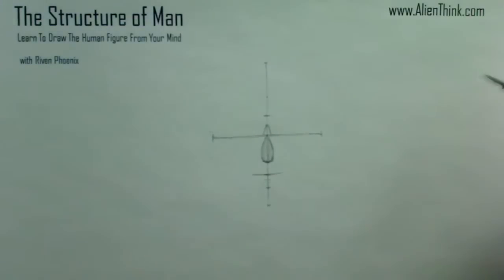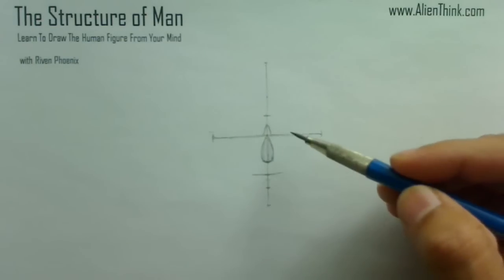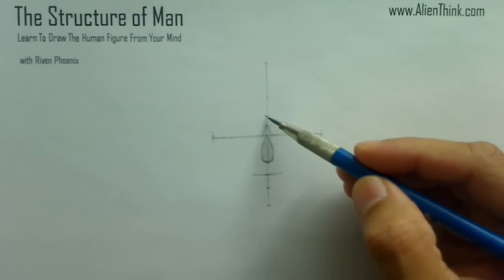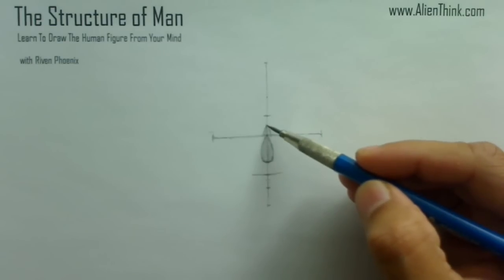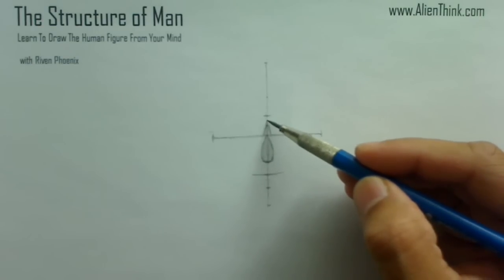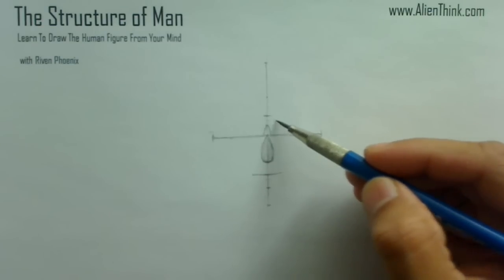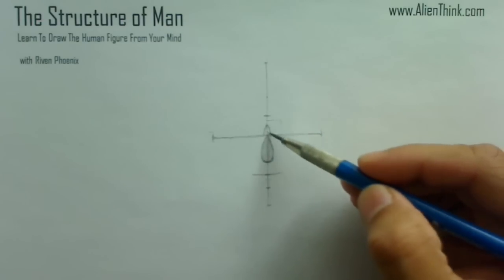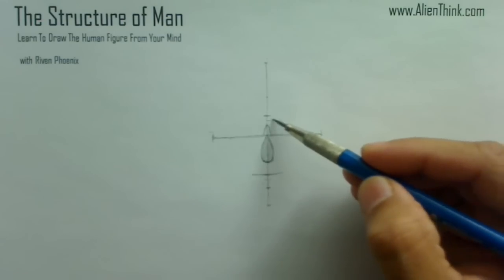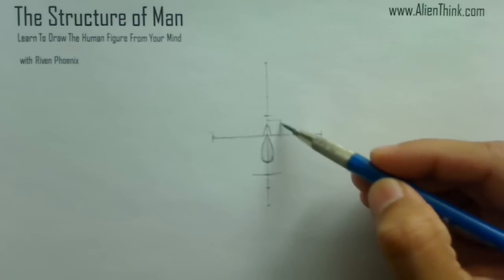So let's work on the eye socket here. And this is going to be very simple. Basically, when you have the brow area and you have this point here, the top of this, if you divide this in half right over here, all you need to do is make a cube, a square, in this area. See this? I made a square.